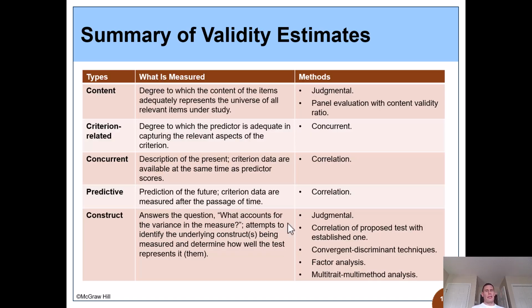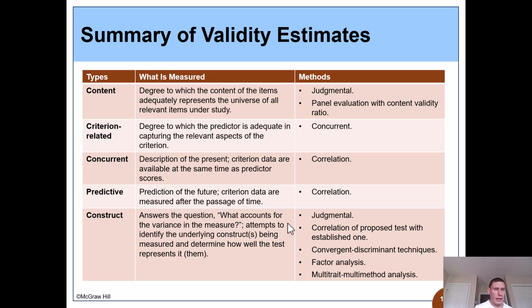So here we see a summary of validity estimates. We have content validity: the degree to which the content of the items adequately represents the universe of all relevant items under study. The methods here could be judgmental or perhaps a panel evaluation with a content validity ratio. The one above was content validity.